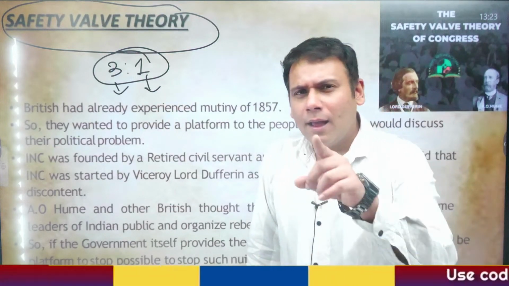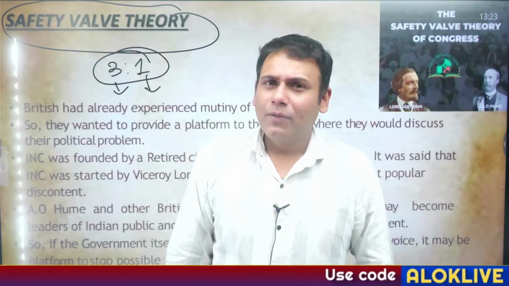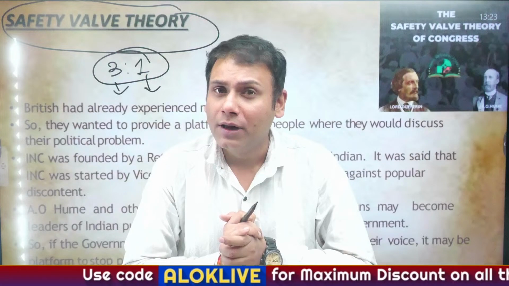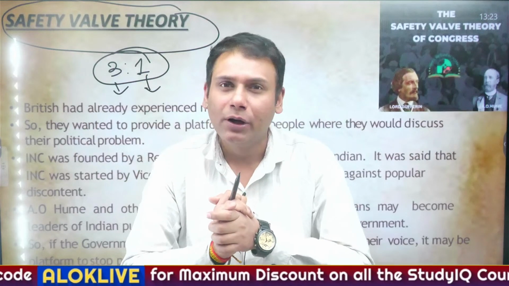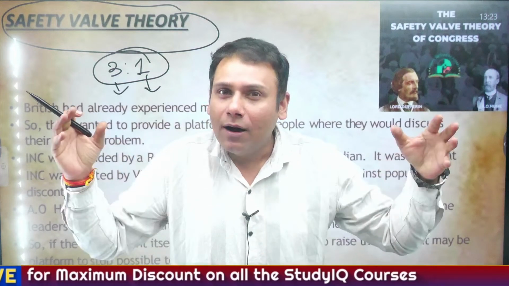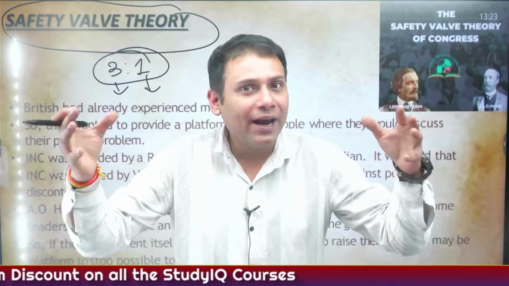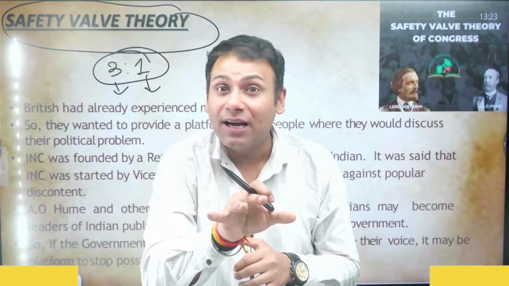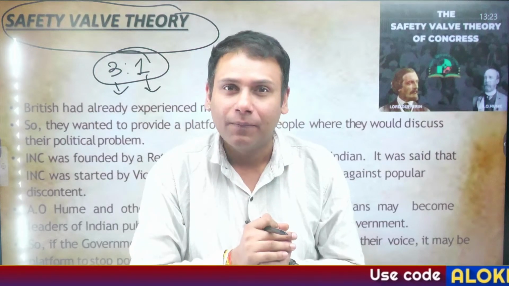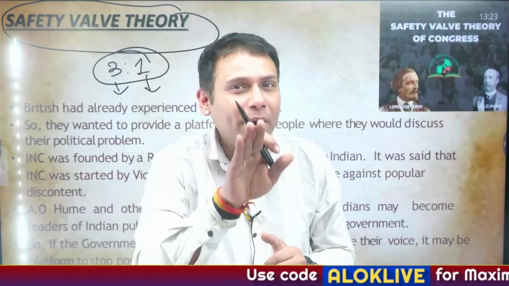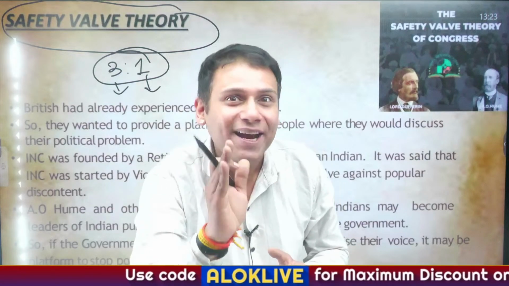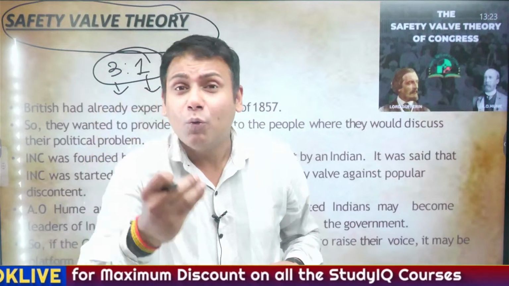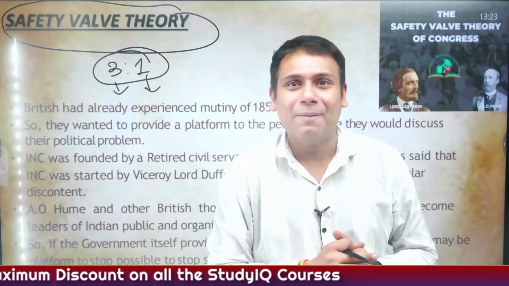Correct? Britishers now thought that if we create a political organization in the form of the Indian National Congress, what will happen? The nationalist leaders across India will come on a common platform and discuss issues of common interest. In that case, it would become quite easier to negotiate with them. Or they might have thought that it would become quite easier to suppress them.